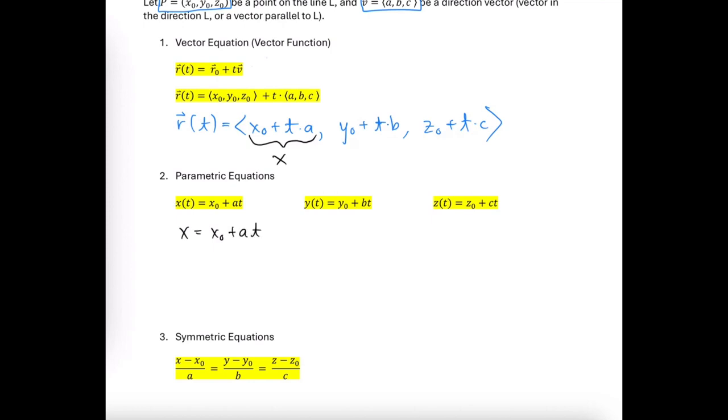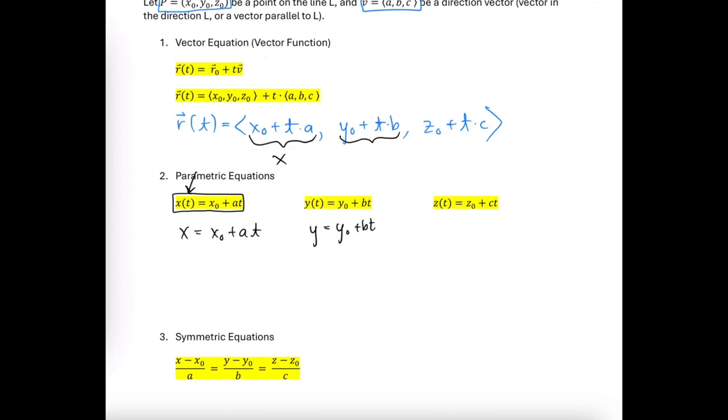Both of them are true. We get the different values of the x coordinates by plugging in different values of that independent variable, which is that parameter. Again, we get the y component of our vector function to be the y parametric equation that can be written using functional notation or not.